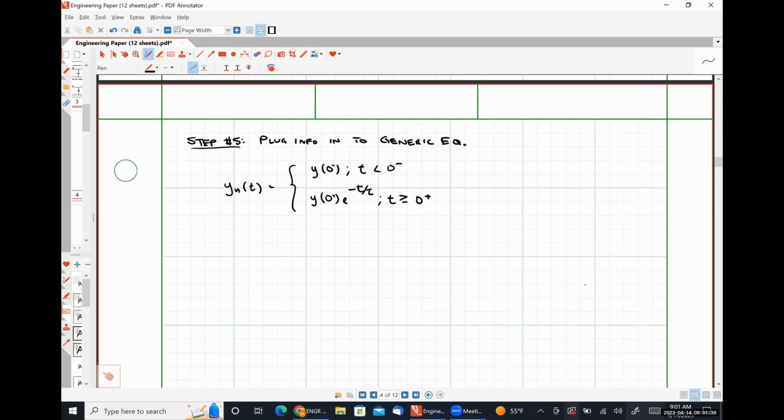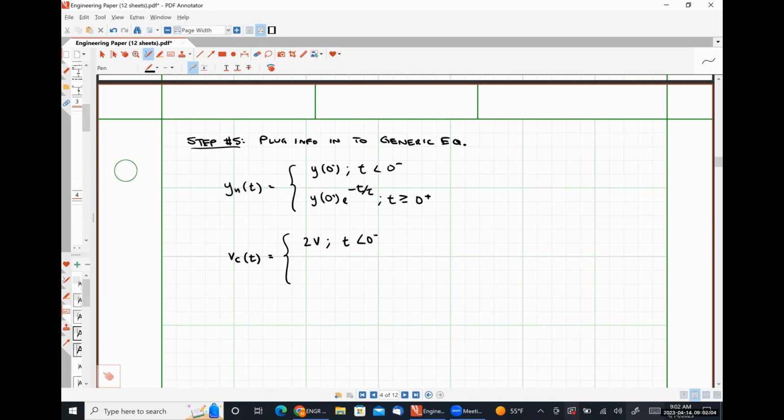So let's look at our capacitor voltage here. What was the voltage drop across the capacitor at t is equal to 0 minus? 2 volts. What was the voltage drop across the capacitor at t is equal to 0 plus?